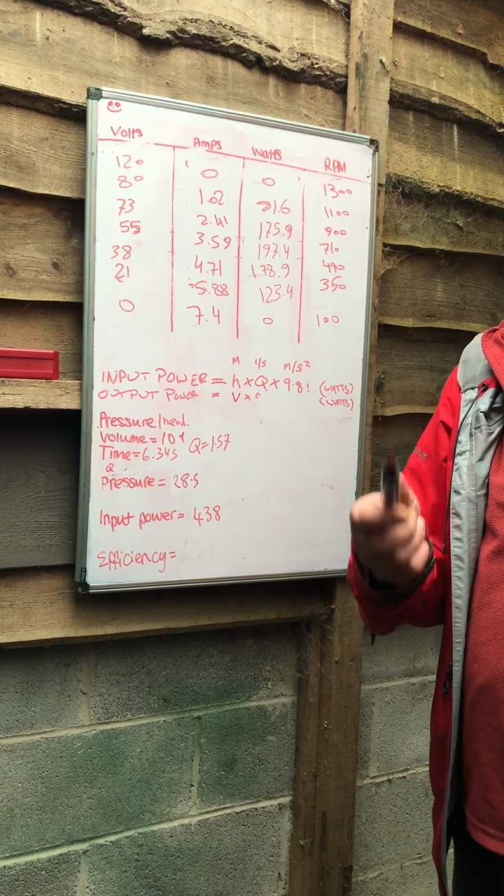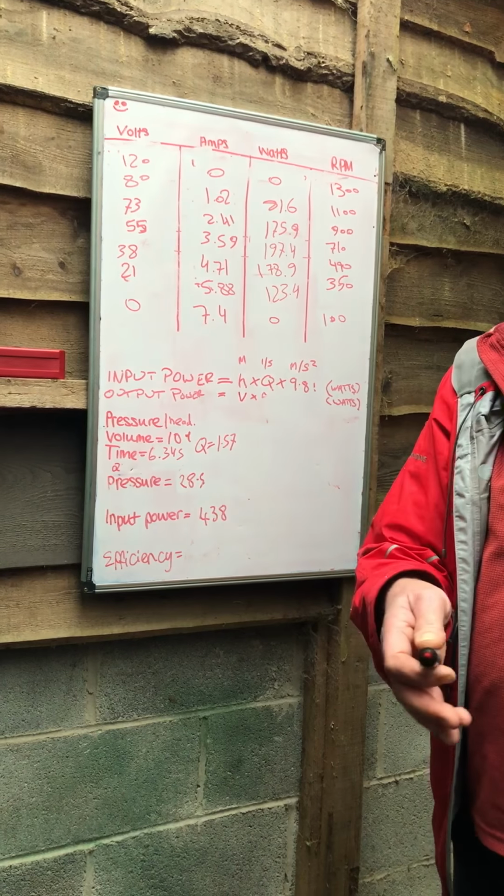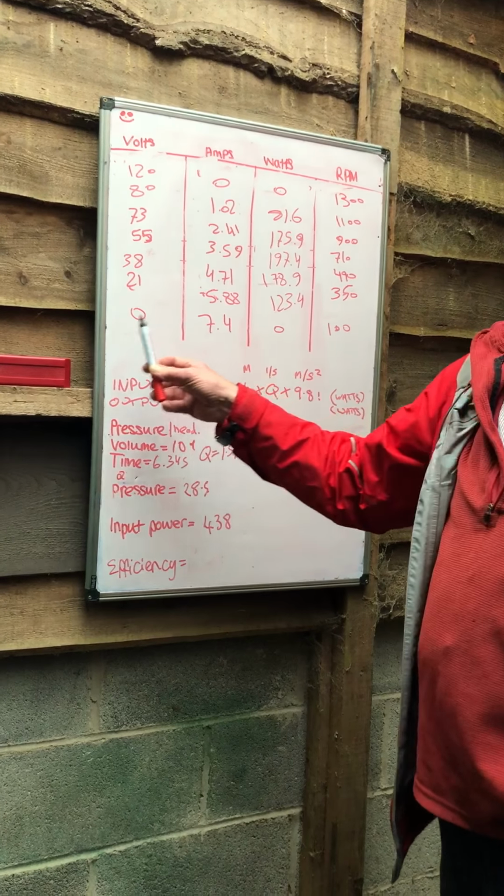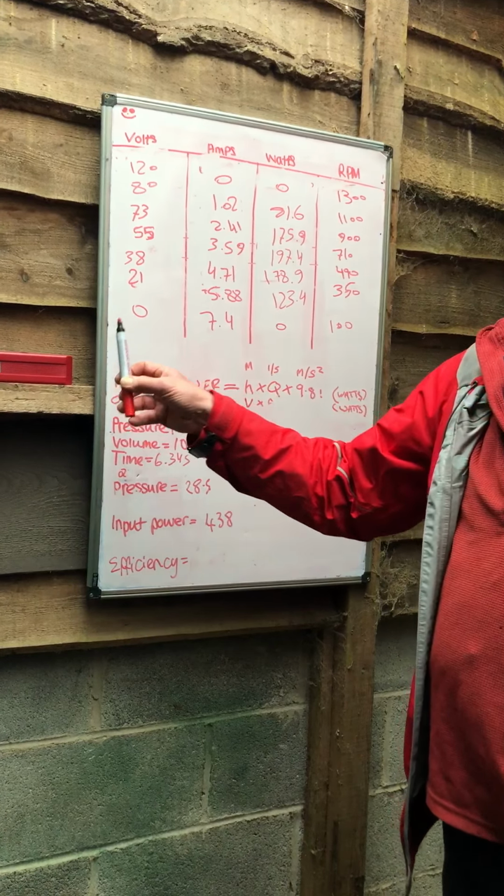Well, there is, but it's only enough to overcome friction and windage. When the wheel is almost stationary, at 100 RPM, again there's no transfer of energy, because the generator is running at very low speed, so it's not generating any energy.